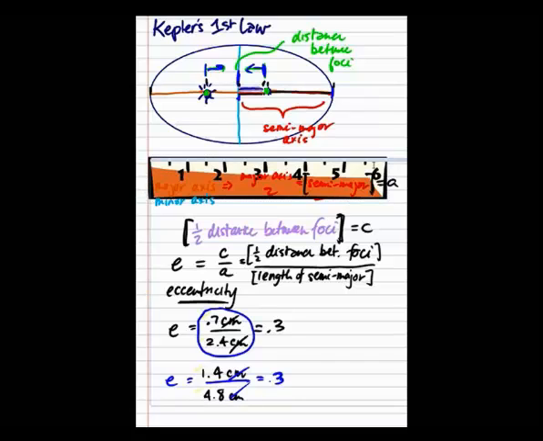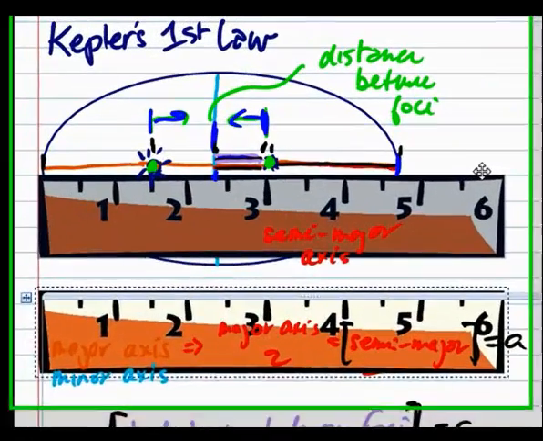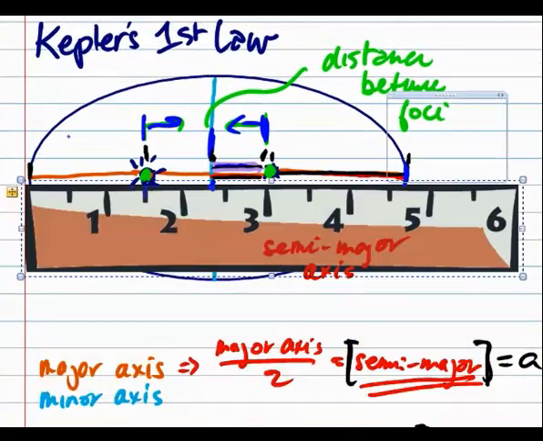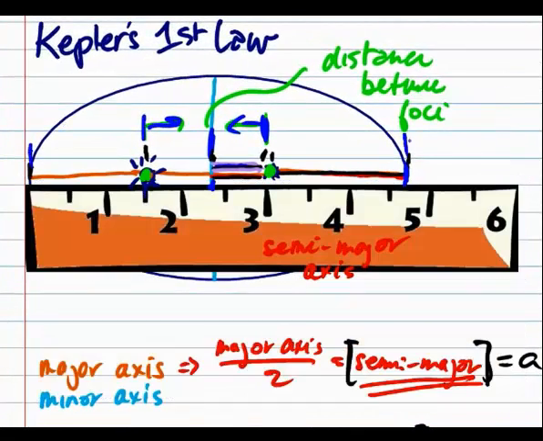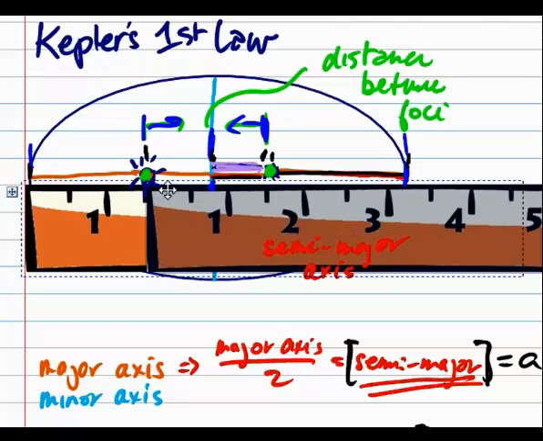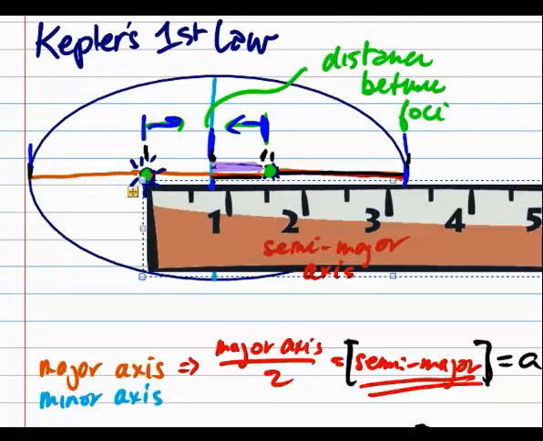Or if you want to cheat a little bit, you can also go all the way across to get the major axis. That's from here all the way over there. That's what we did down here. And then you can just find the actual distance between the foci themselves. That's the distance between the foci right here. And guess what? You get the same answer both times.